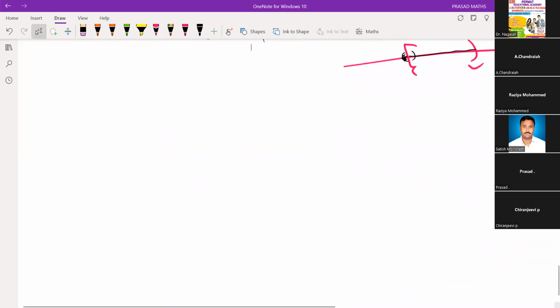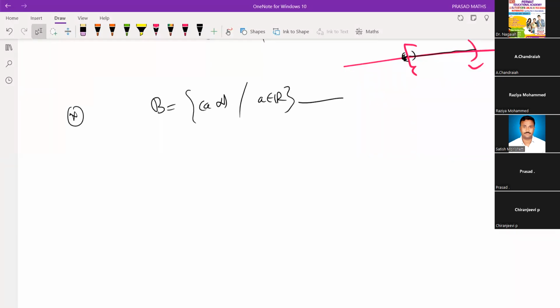Suppose you take this. We have seen that this is an open base. It induces the right ray topology, which is denoted by tau. This is my open base for the usual topology.